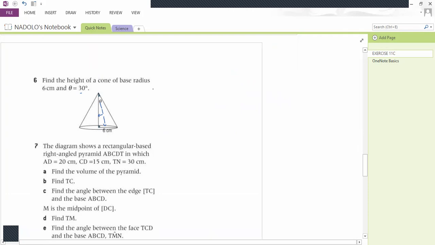So opposite and adjacent, that is tan. So tan 30 degrees is equal to opposite over adjacent, 6 over h. So h for this case will be 6 divided by tan 30. It is 6 divided by tan 30 because previously we did the reciprocal of the right hand side and left hand side, and then you cross multiply.